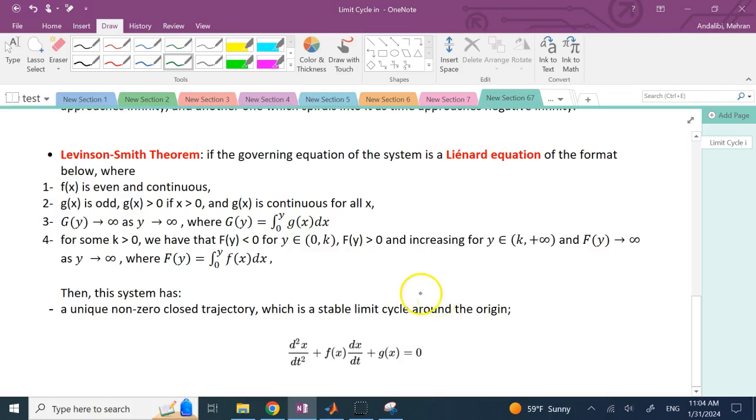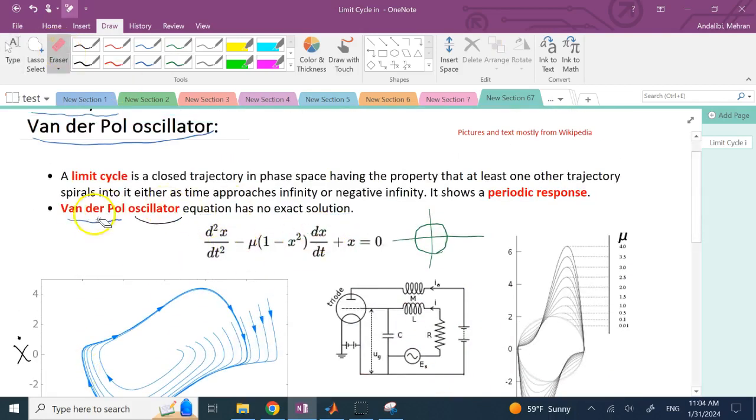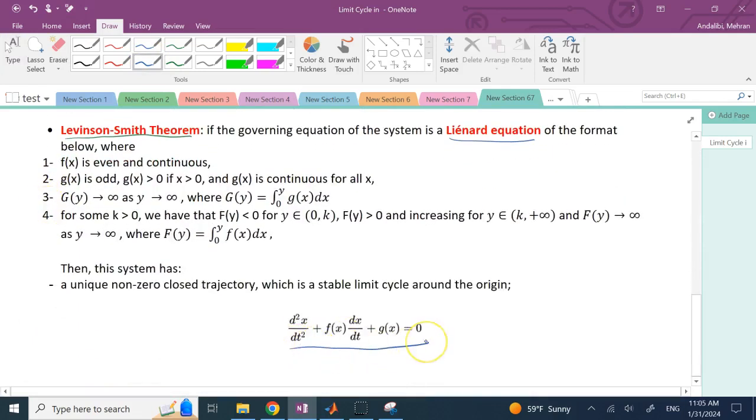Just want to mention that there is something called the Levinson-Smith theorem in nonlinear dynamics, which guarantees, for systems with governing equations like this van der Pol oscillator, and a little bit more general than that, which we call a Liénard equation, and it's any equation of this format: if the governing equation of the system is something like this, where f and g could be any function, and f and g satisfy some specific conditions, then I guarantee that the system has a non-zero closed trajectory, a limit cycle, which is stable around the origin.